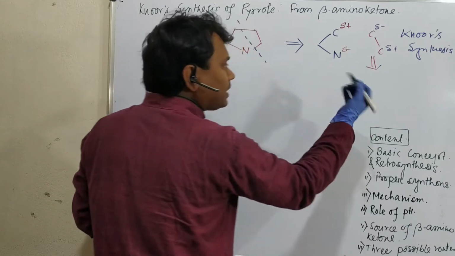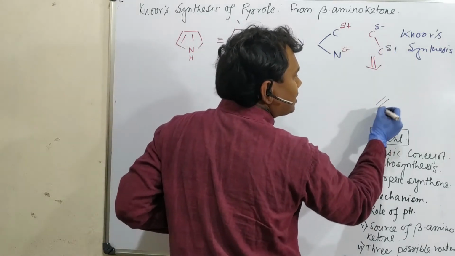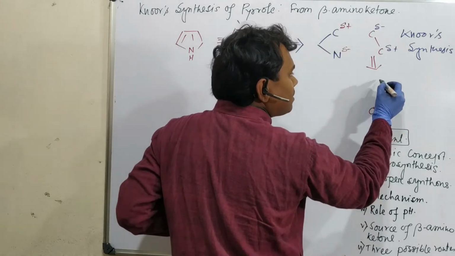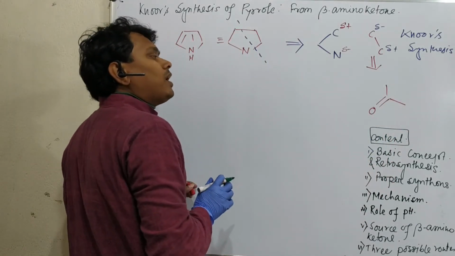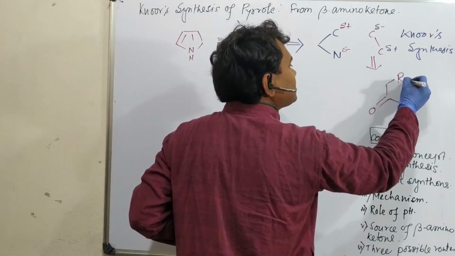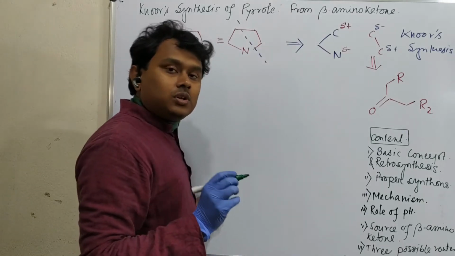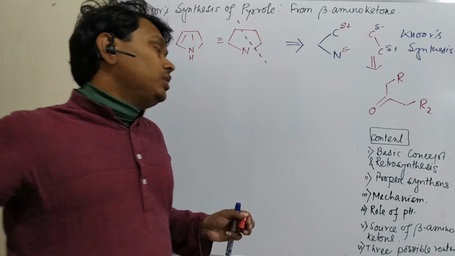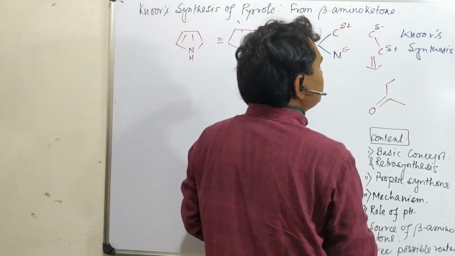This you can take plus minus. So you can take carbonyl, carbonyl, and alpha to carbonyl is minus. Now the question is, what can we take, a ketone? If you think this is R1, this is R2, we can take a ketone, but actually we will not take a ketone. Instead of a ketone, we will prefer to take an active methylene compound.